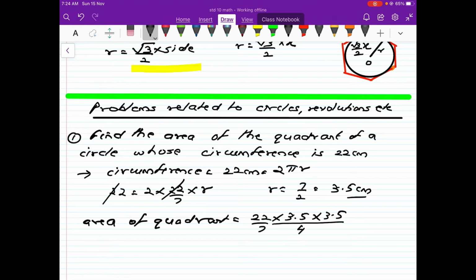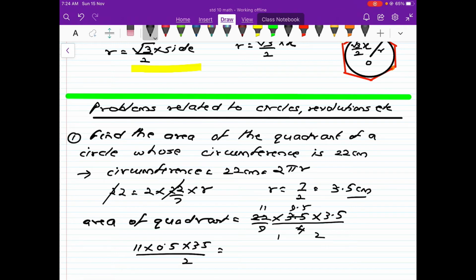So 4 will come in the denominator. So we can start like this: 7 ones are 7, 2 2s are 2, 11s are 11. So it comes 11 into 0.5 into 3.5 upon 2.